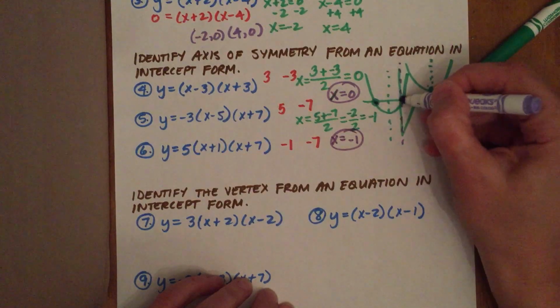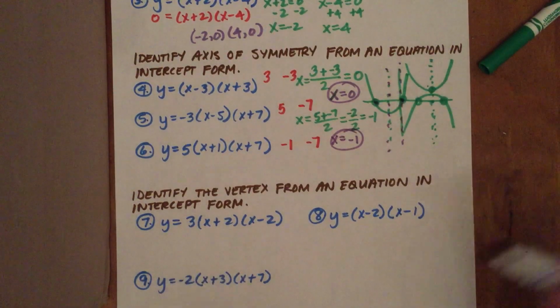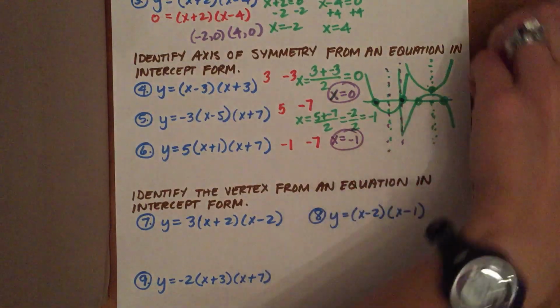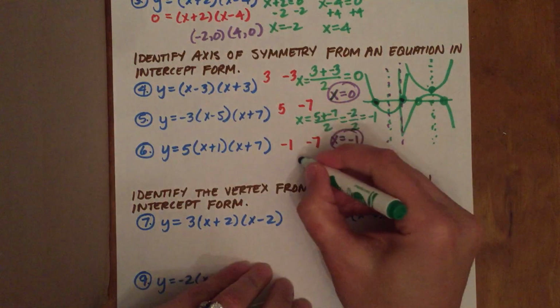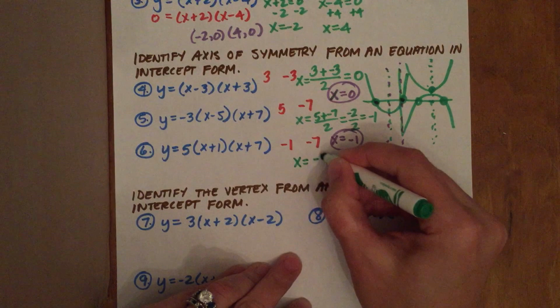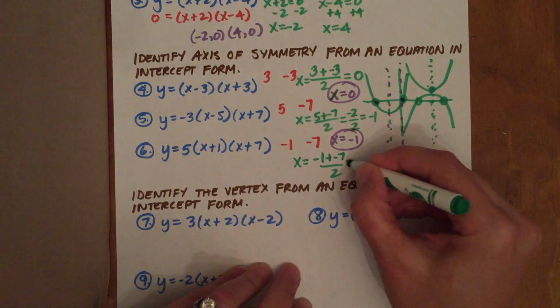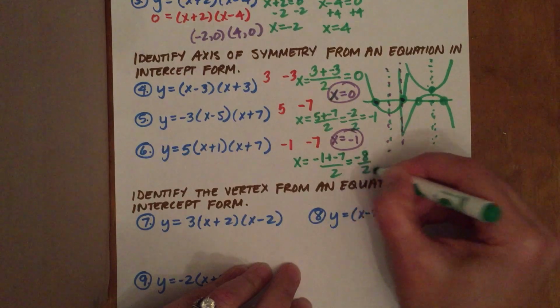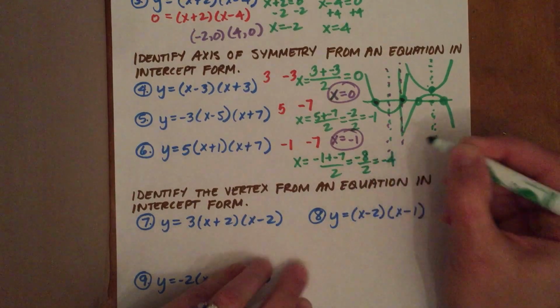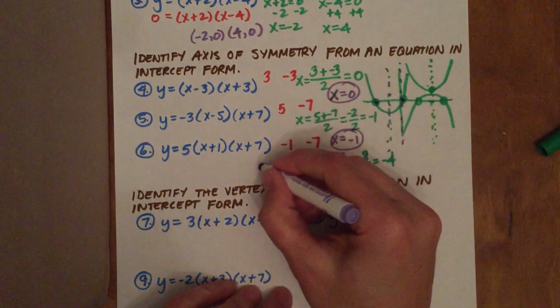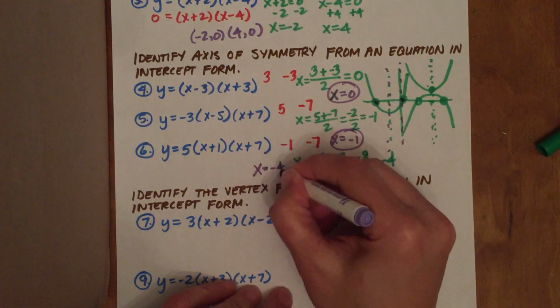Again, the axis of symmetry is halfway between your two roots. So my next one, I've got -1 and -7. So my axis of symmetry is going to be the average of these two, -1 plus -7 divided by 2. That's -8 over 2, which is -4. So the axis of symmetry for number 6 is x equals -4.